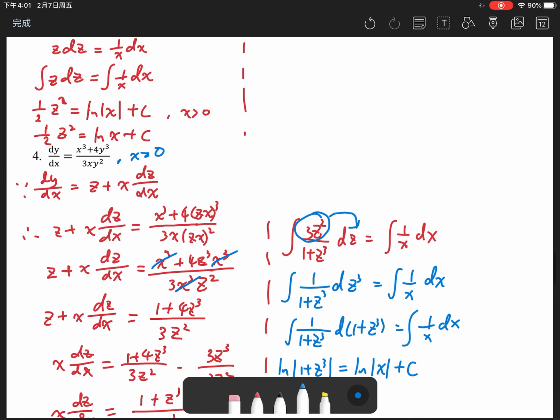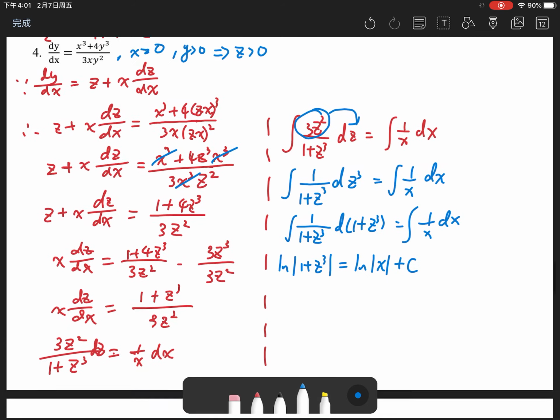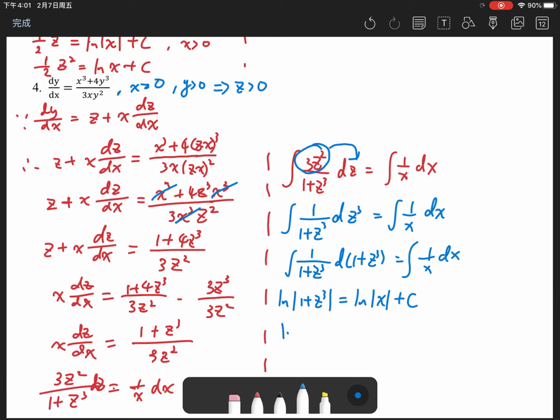Pay attention, in this question it gives us x greater than 0, but however, I think it should give us y greater than 0, so that we can get z greater than 0, so we can remove the absolute value sign.